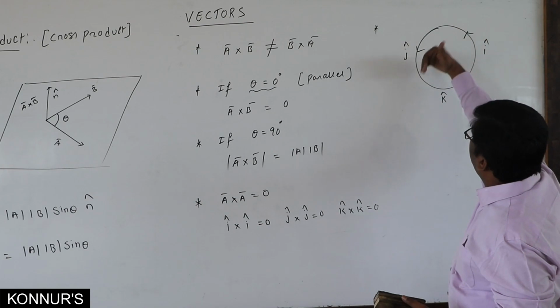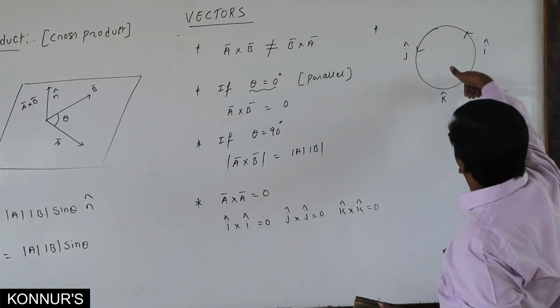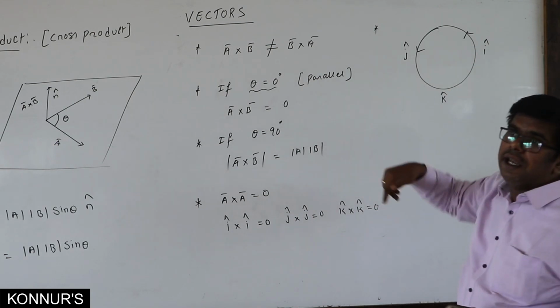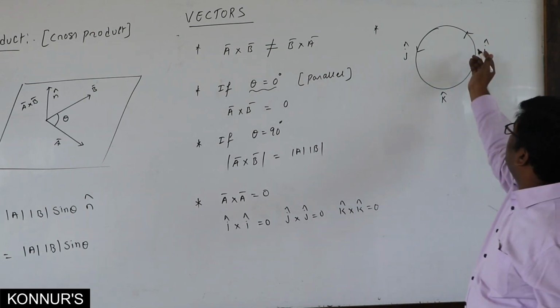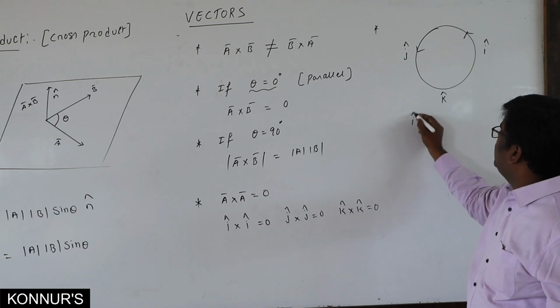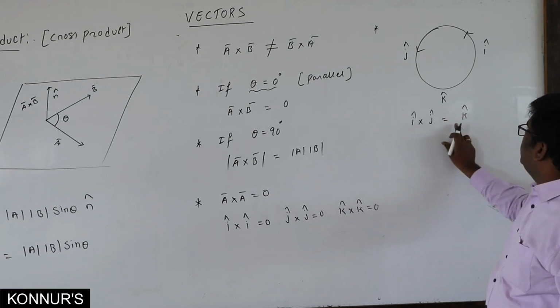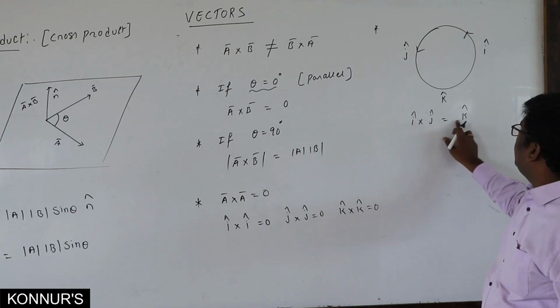But if you follow clockwise, the multiplication of any two gives the other one with a negative sign. See, I am going anti-clockwise, that is i cross j gives the third one. Because I followed the anti-clockwise, I got a positive sign.